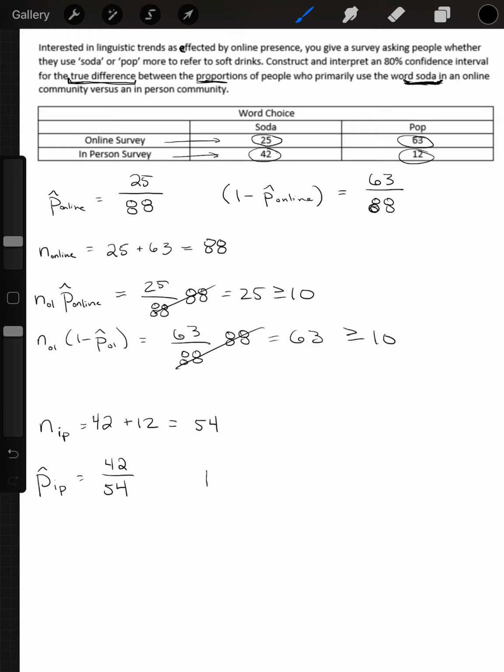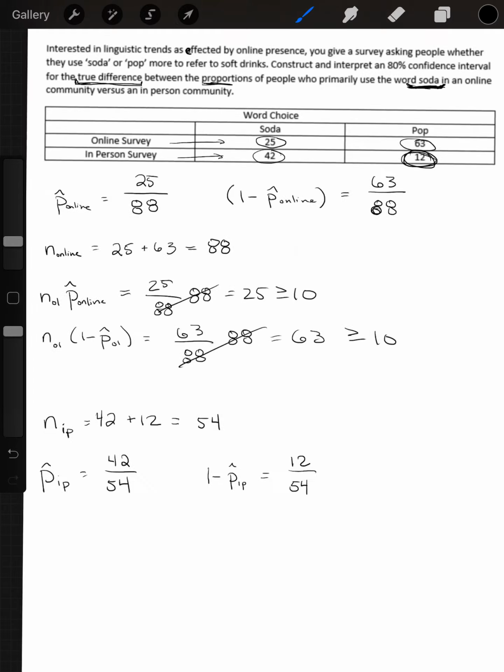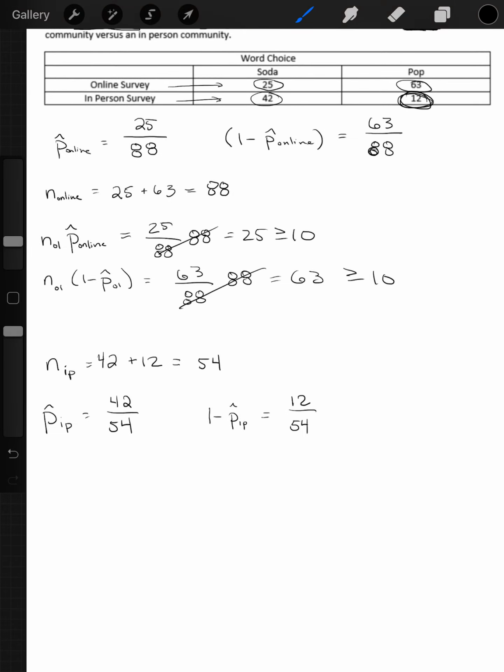And we could also do the same quick and easy way to get 1 minus p-hat in person, because that's going to be the number who didn't choose soda, and for our information, all that is those 12. So again, we could have gotten that by doing that subtraction and doing some algebra, but we can also just get it by looking at our chart. It's the nice thing about that kind of chart.